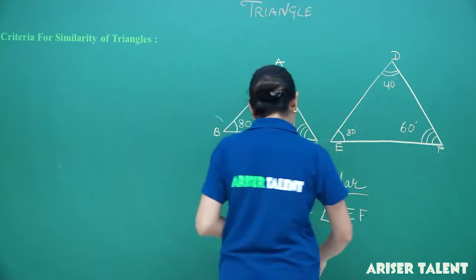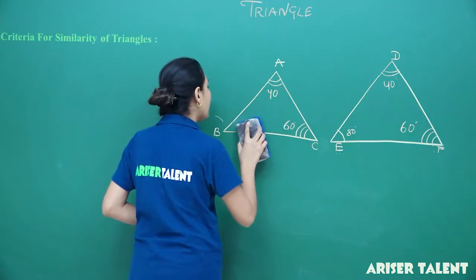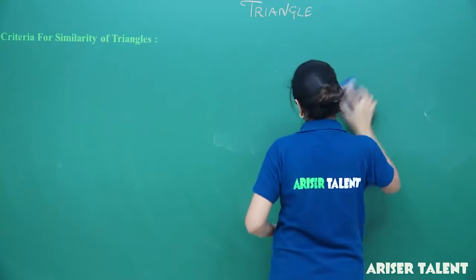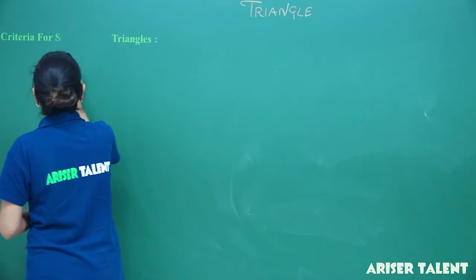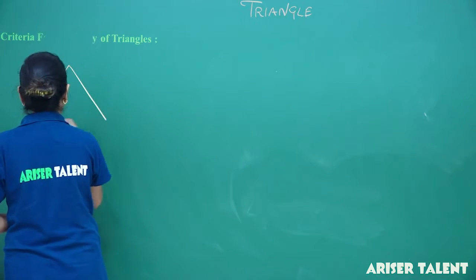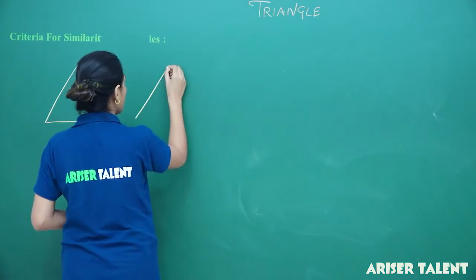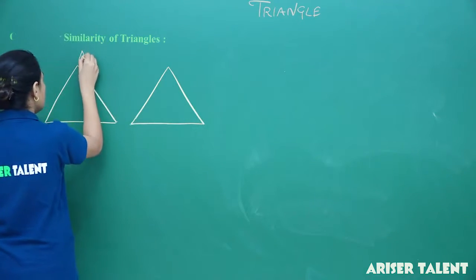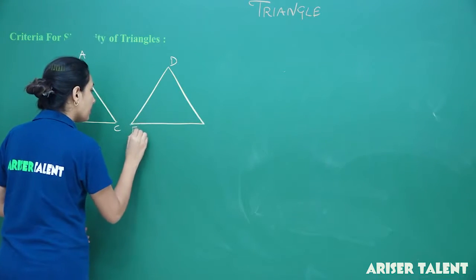Okay, so let's write all these things in a systematic manner. Come this side. This is ABC and this is DEF.